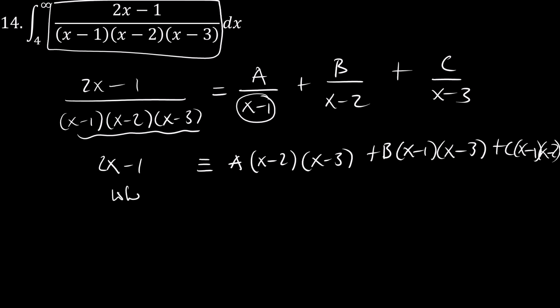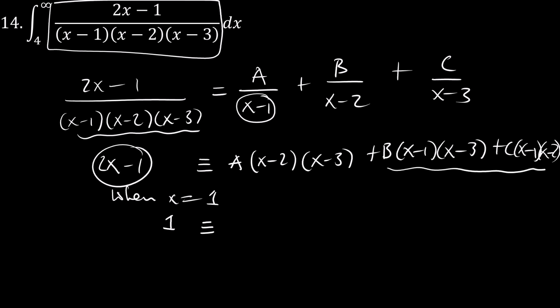When x equals 1, we substitute x equals 1 into that, we get 2 minus 1, which is positive 1. In other words, that is equivalent to, we see this other part becomes 0, so we only have a times negative 1 times negative 2, which means that a equals a half.